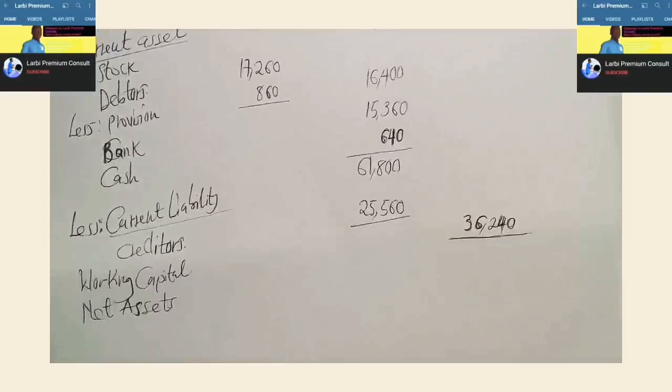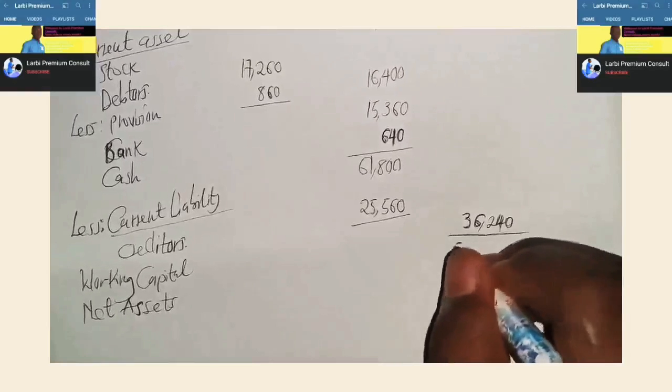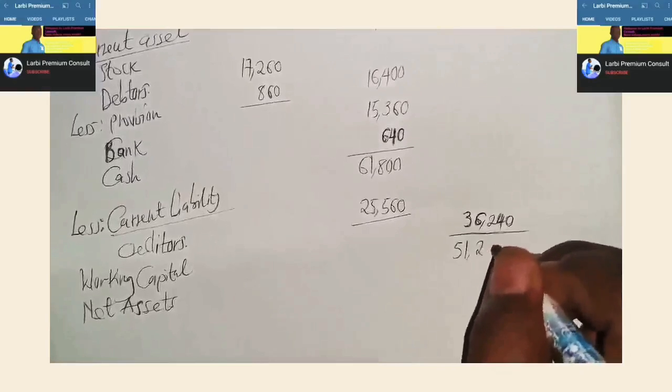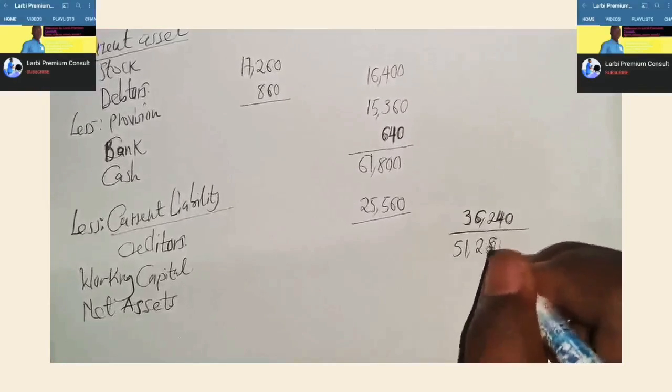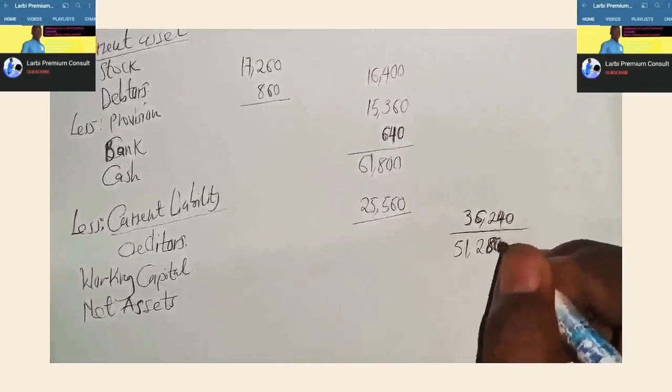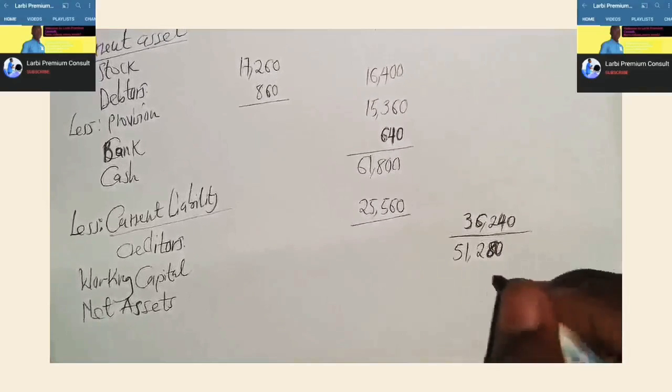So let's see, 15,040 plus 36,240 is 51,280 for the net assets.